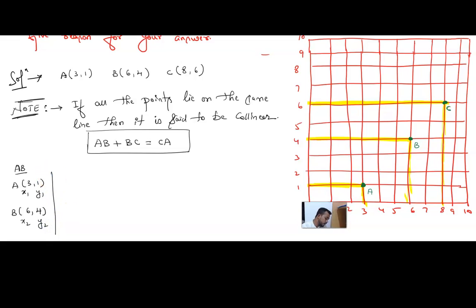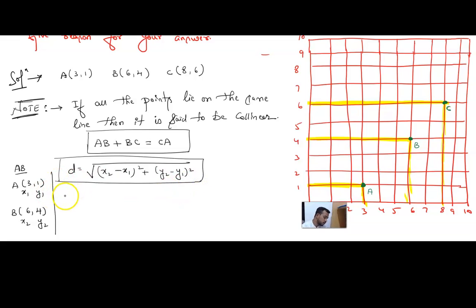So we know the distance formula is d is equal to root of x2 minus x1 whole square plus y2 minus y1 whole square. Always you have to highlight the main formula. So between what points are we finding the distance? We are finding the distance between A and B, that is AB.